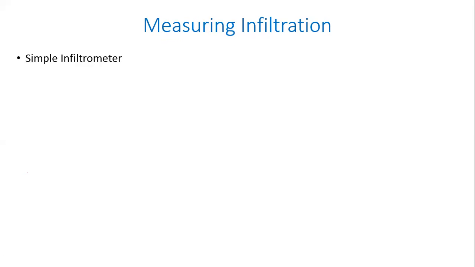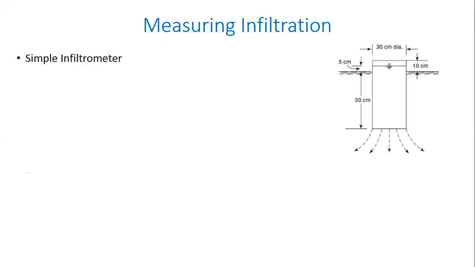Then what is typically done is you use what is called a simple infiltrometer, which is basically a cylindrical core of about 30 centimeter diameter and about 60 centimeters long, which is driven into the soil to a depth of about 50 centimeters into the ground. Then when it is driven in, we start pouring water at the top, and bring it to, let us say, a level of 5 centimeters above the land surface, right? So you understand what I'm saying?